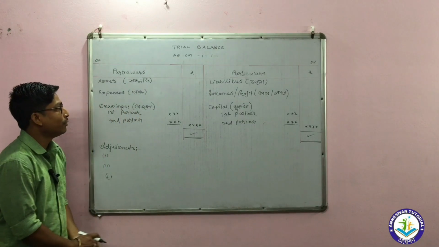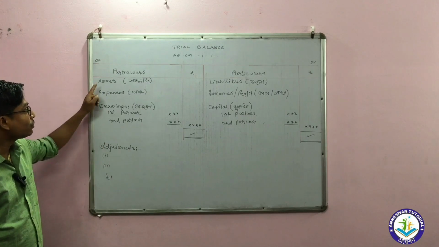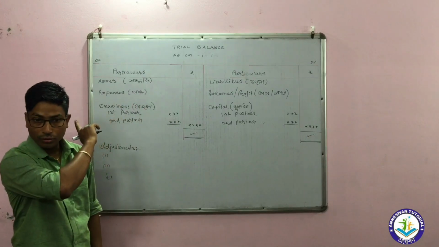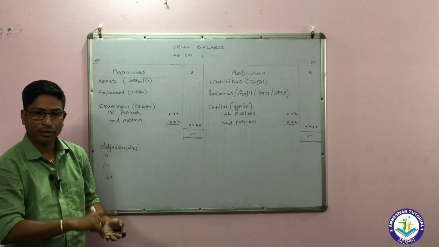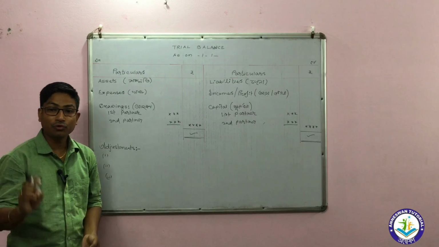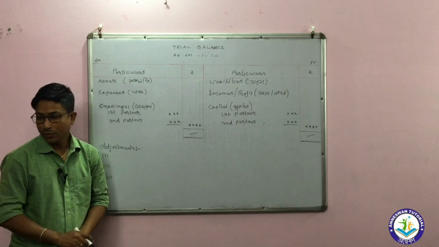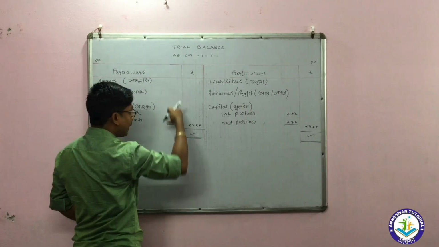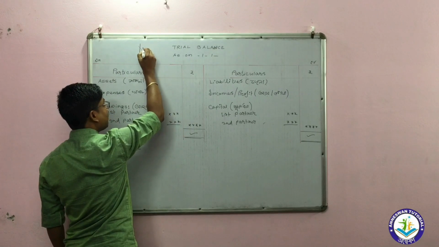Now the next question: where to transfer these items at the time of preparing those accounts, that means the profit and loss account, appropriation account and balance sheet. This is the most tricky part. See, first you need to remember only this thing: all the items given inside the trial balance have a single effect.